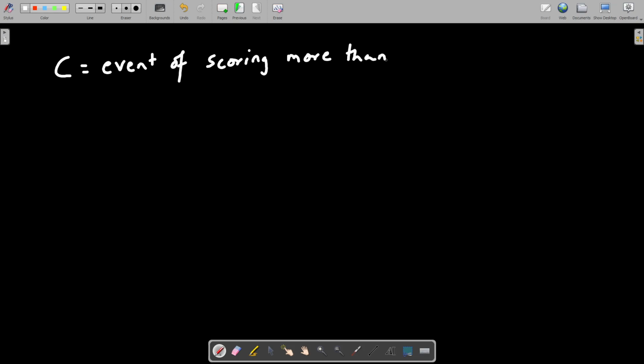With regard to that example of cricket over there, consider this set C. C we will take as the event of scoring more than 5 runs.